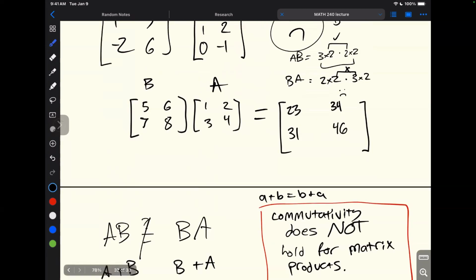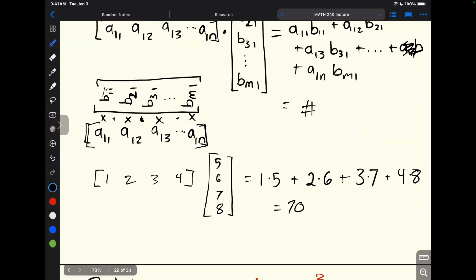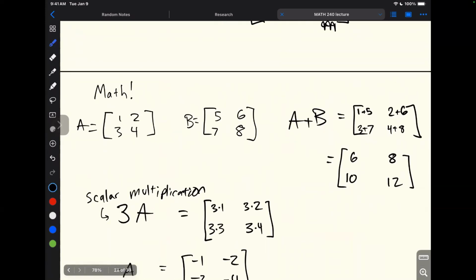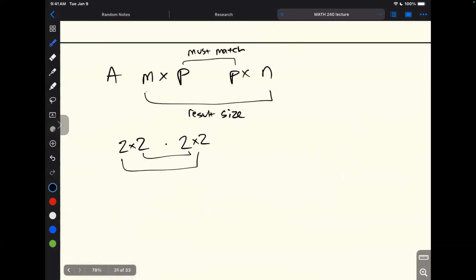If we go back to where we added two matrices, we did A plus B. Is that the same as B plus A? I would think so, because addition is commutative, so this would be 1 plus 5 versus 5 plus 1, which is the same.